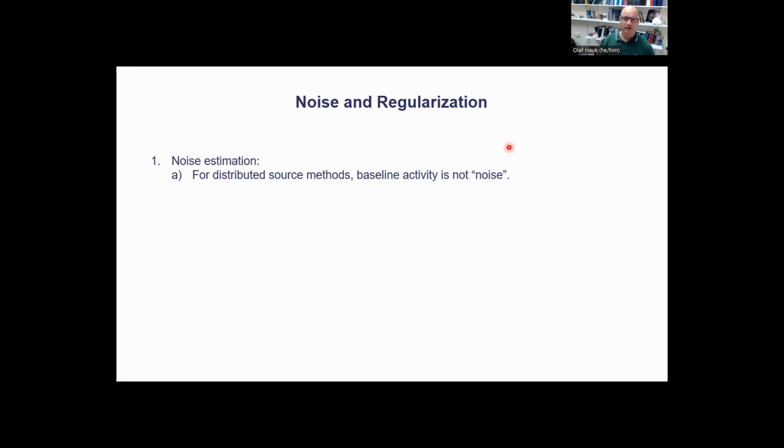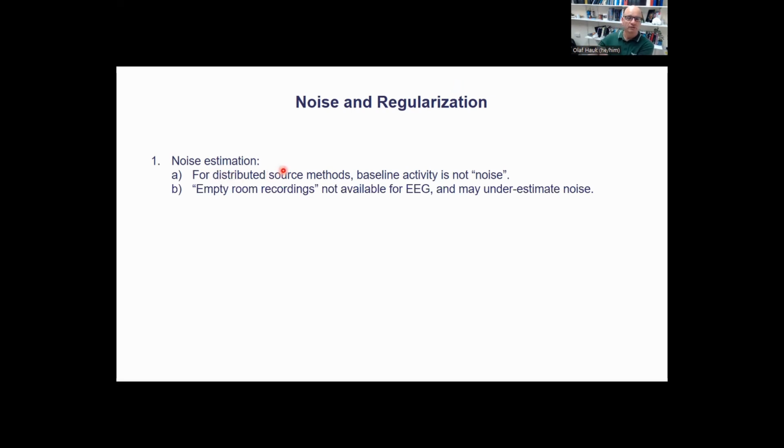And there isn't really that much we can do about it. I mean, except we could use empty room recording, so without anyone inside the MEG, but then we can't do that for EEG. And we may actually underestimate our noise level, because, well, having a body in the MEG still might produce other sources of noise. So you can't really win here, but I would say better to be on the safe side.